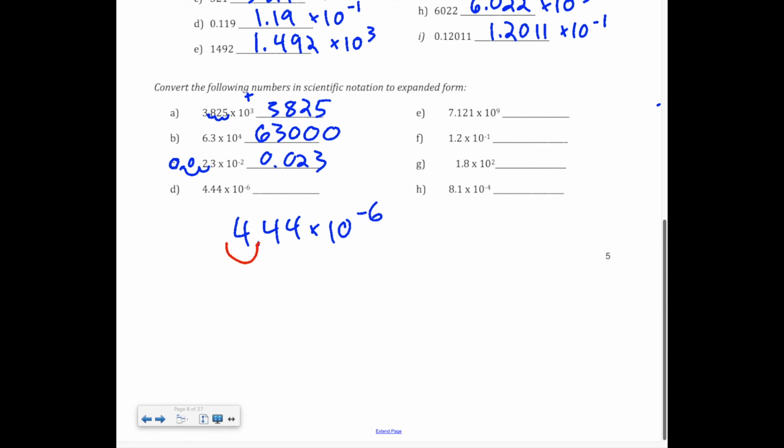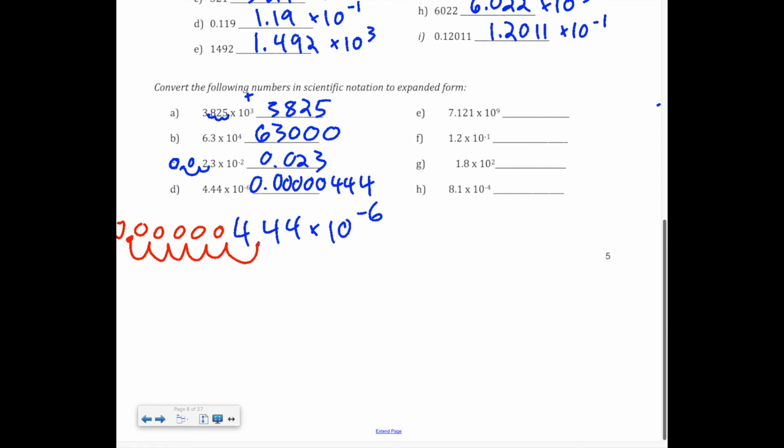I'm going to loop it once, twice, 3, 4, 5, 6. That's my new decimal place. Okay. And so that's going to be a 0, and I'll write in 0, 0, 0, 0, 0. So my answer should have 5 zeros. 1, 2, 3, 4, 5, and then 4, 4, 4.